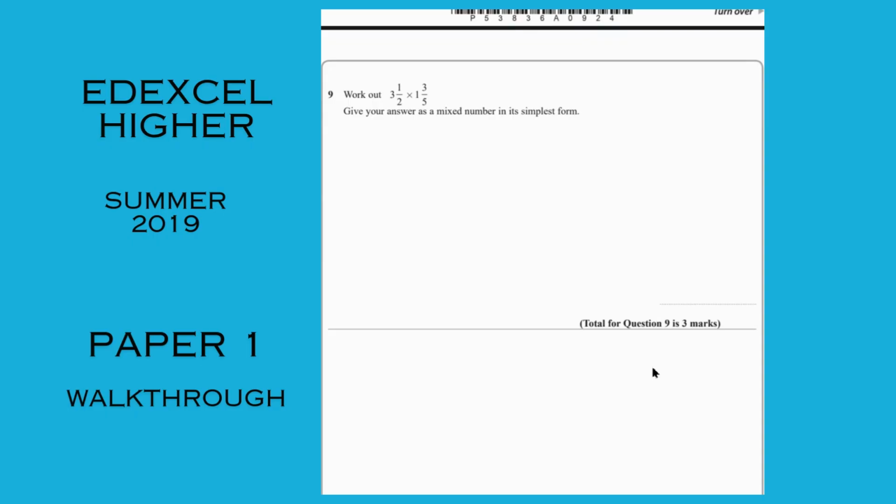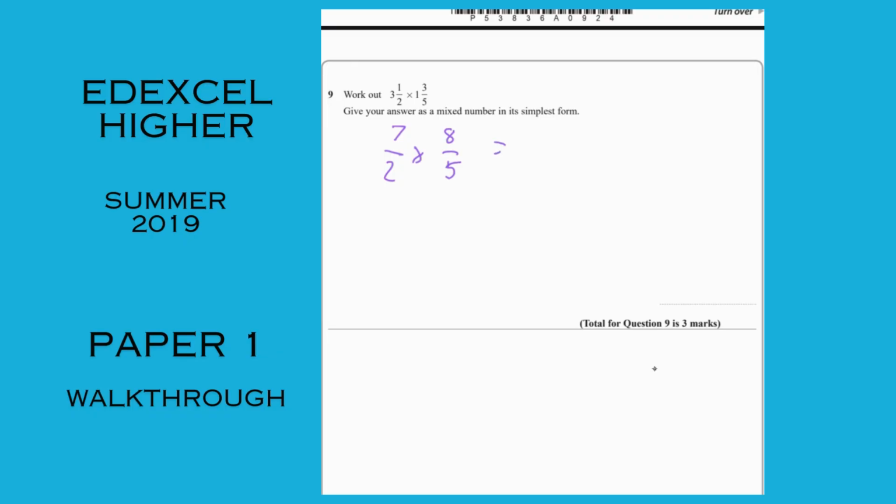So number 9, we've got fractions. You know it's coming up. They're going to give you one of the 4 operations. They're usually going to use mixed fractions, so you've got to be prepared for these. You know they're coming. So we'll make both improper, top heavy, whatever you want to call it. 3 times 2 is 6, plus the top gives me 7. Big times bottom is 1 times 5, add the top gives me 8.